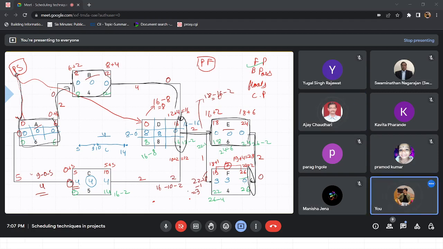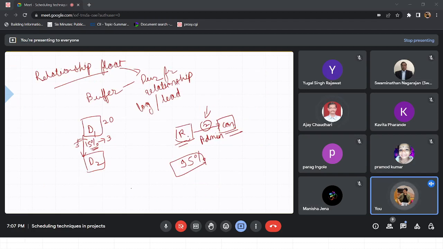Okay, so initially at the start we were discussing examples of start to start and finish to finish relationships. We saw that if we are starting some activity such that it affects the start of another activity, we usually have the same constraint at the finish also.